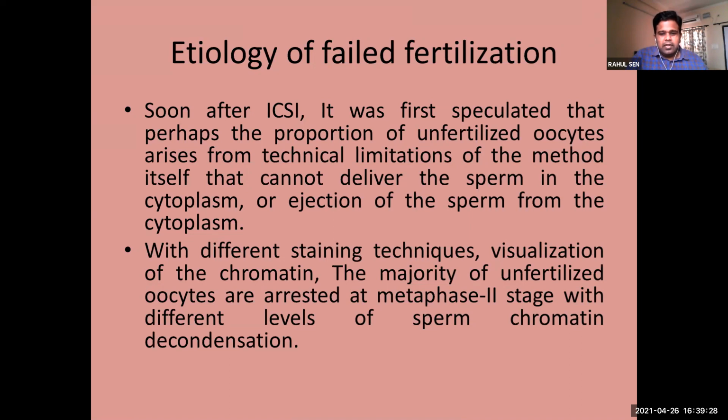But it was proved, or visualized with different staining techniques, that the majority of unfertilized oocytes were arrested at the metaphase 2 stage with different levels of sperm chromatin decondensation. Generally, a sperm which is delivered into the cytoplasm progresses with chromatin decondensation, and this further proceeds into pronuclear formation.